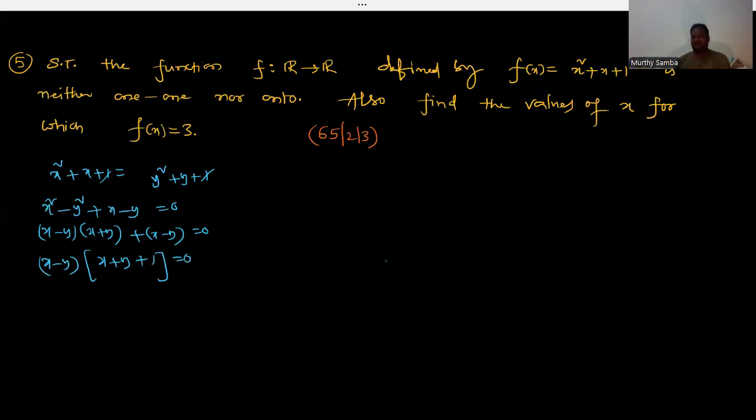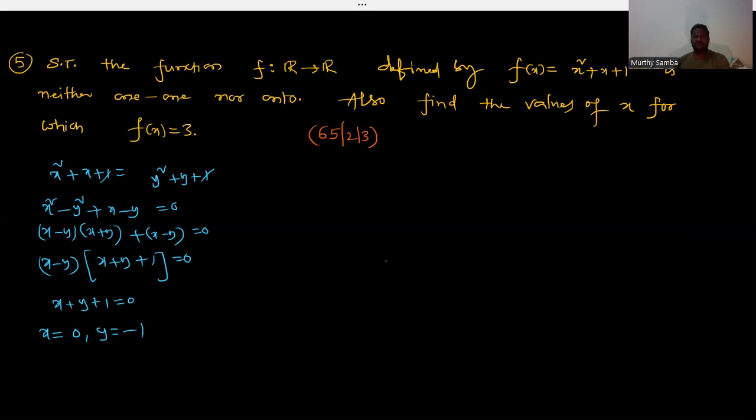I'm taking the second condition: x plus y plus 1 is equal to 0. Now take two numbers whose sum with 1 is equal to 0. May I take the value of x equal to 0, y equal to minus 1.